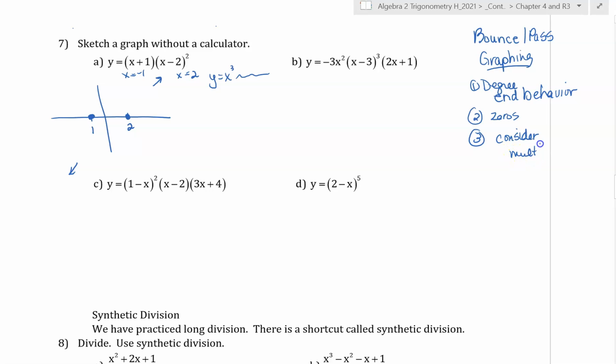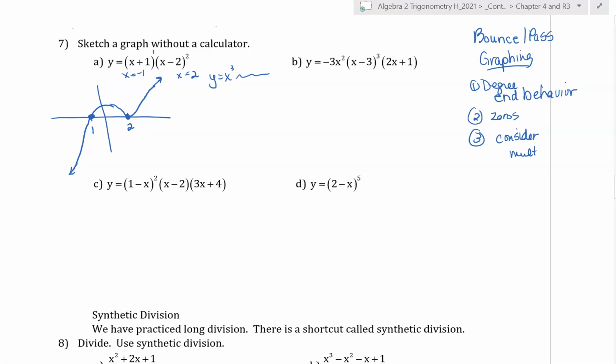Okay, so here goes, my friends. We are going to graph. We read a function like we read a book, from left to right. So we're going to start at the left. When we come up to the -1, notice it has an odd multiplicity, so we're going to pass. When we get to the +2, it has an even multiplicity, so it's going to bounce. Check it on your calculator. That's a pretty good sketch. It looks something like that.